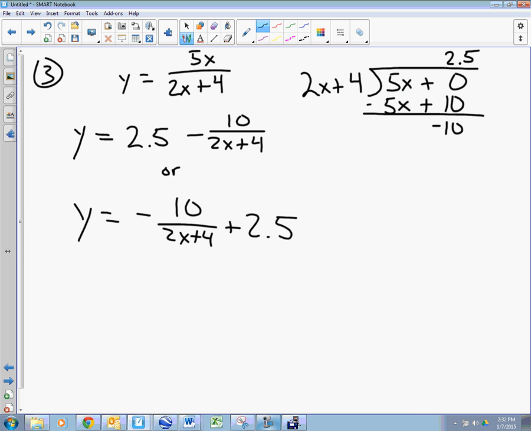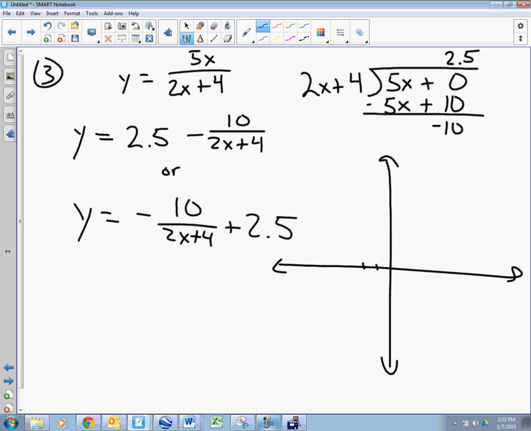But can you tell what the horizontal shift is? Why negative 2? That's what you would plug in to solve to get 0, correct? So whatever you would plug in to solve to get 0, that's what the shift is. So 2x plus 4 equals 0, we get negative 2. So as I graph this, our horizontal shift is negative 2.